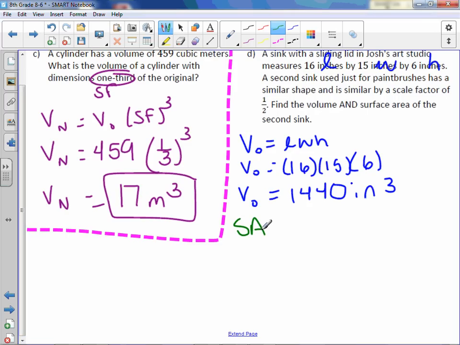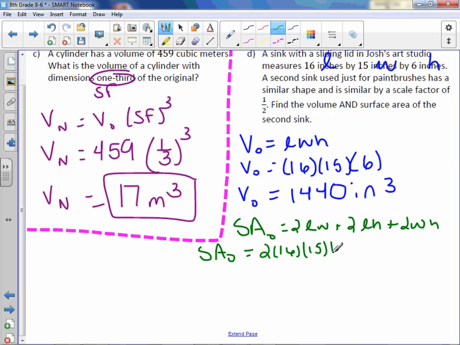We also need to find our old surface area. So surface area is 2LW plus 2LH plus 2WH. Surface area equals 2 times 16 times 15 plus 2 times 16 times 6 plus 2 times 15 is our width, and our height is 6.